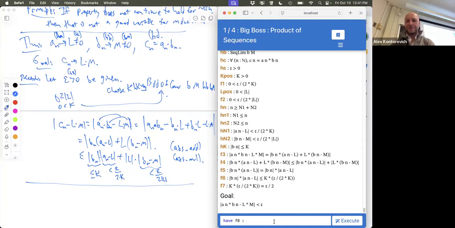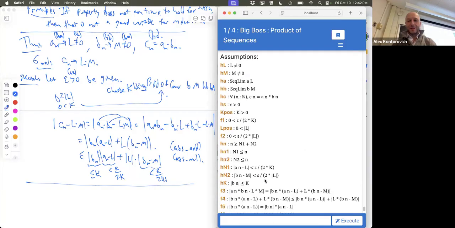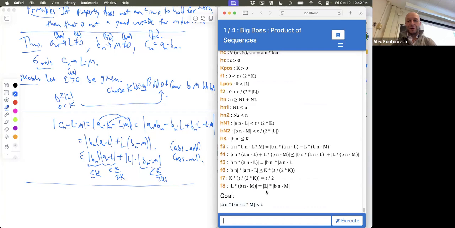Have F8, absolute value of L times Bn minus M is equal to those two absolute values by apply abs mul. Let's hope this continues to work as nicely as it did.